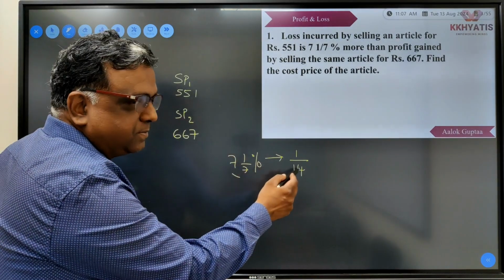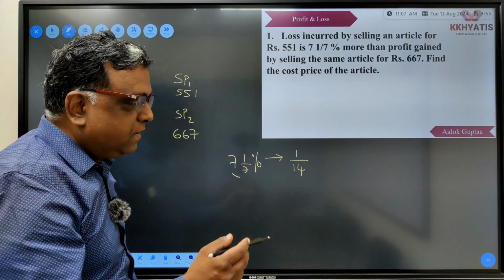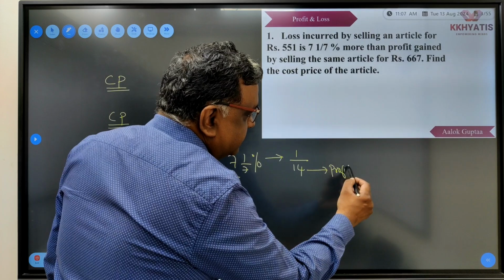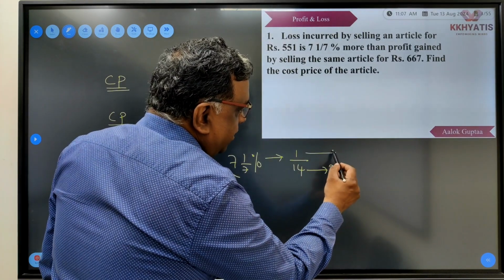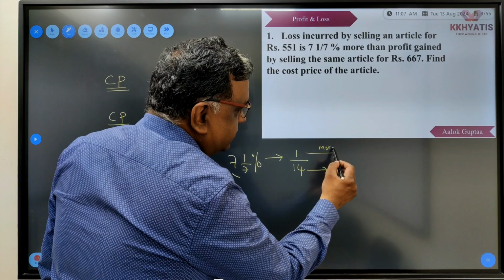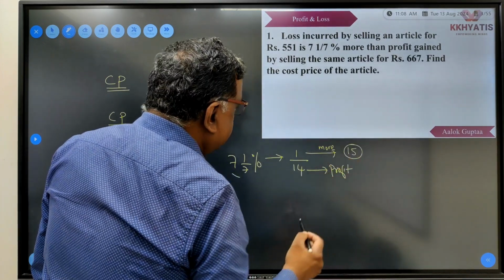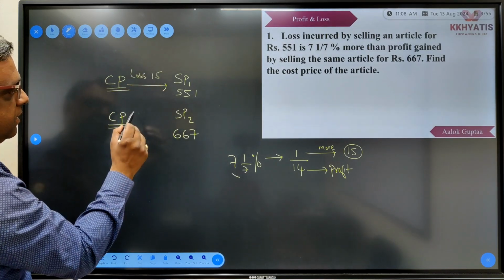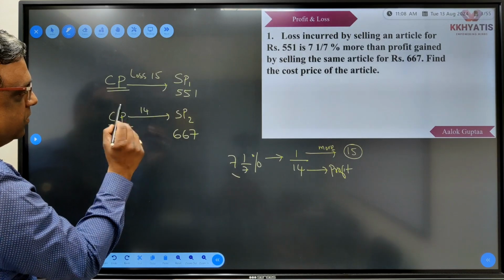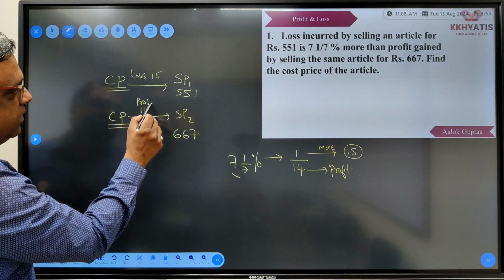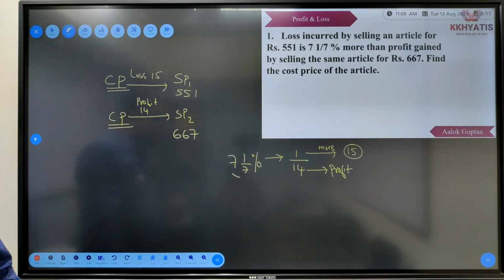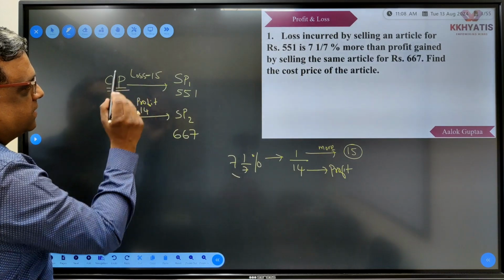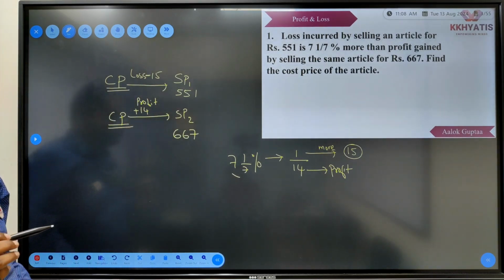So this percentage in terms of fraction can be written as 1/14, which means what they are saying is, if my profit in the second case is 14, my loss is 1 more in the first case, which means my loss becomes 15. Which means here I made a loss of 15 and here my profit was 14. This is what has been given in the sum. Now tell me, whenever there is a loss, I will normally associate it with a minus sign and profit with a plus sign.